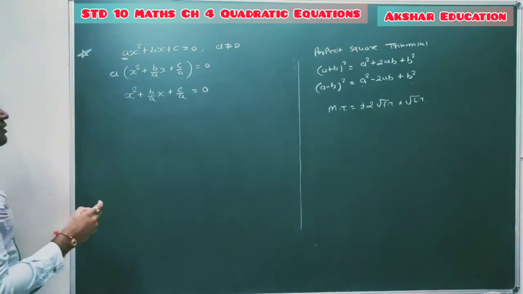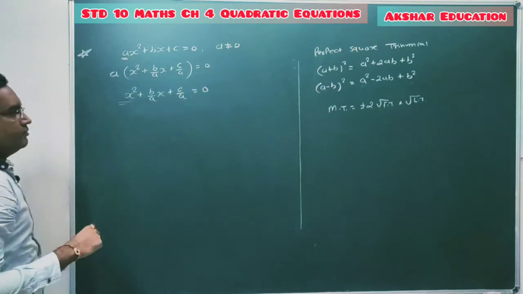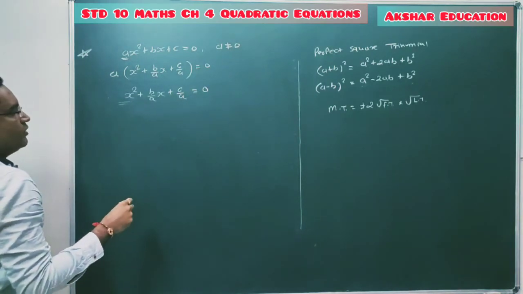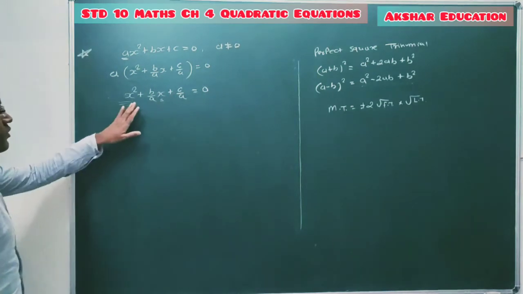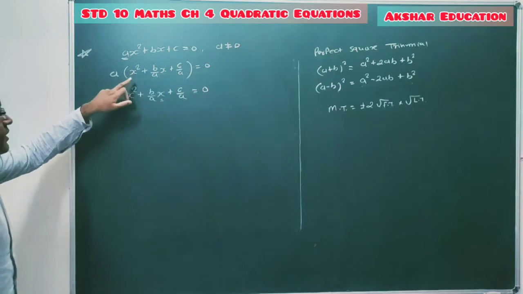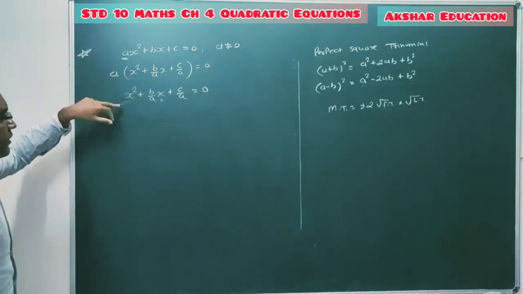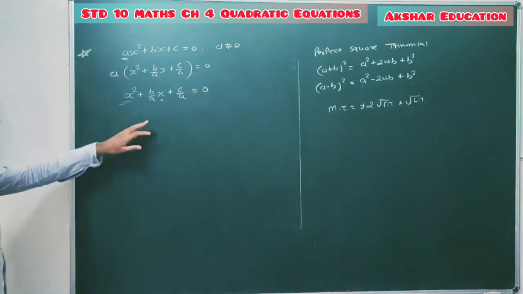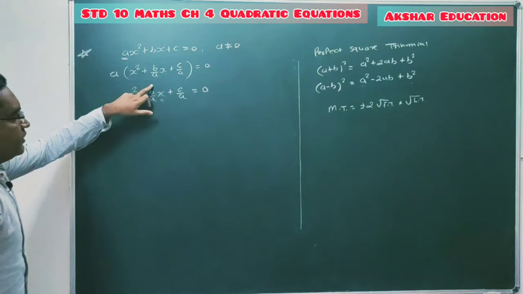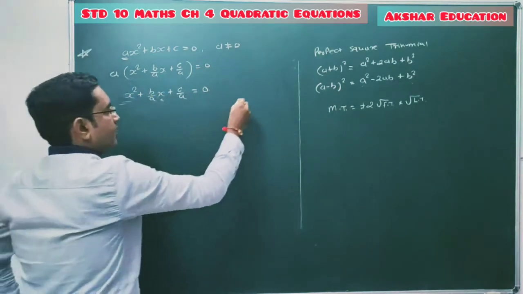Clear, students? Now after removing the coefficient of the x square term, you have to consider the coefficient of x. One by one we will consider all these 3 terms. For the first term, x square, remove its coefficient by dividing all the terms of the given equation by that constant. Now you have to consider the coefficient of x, which is b by a.